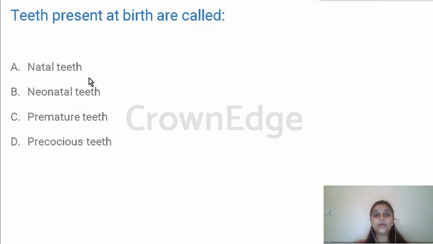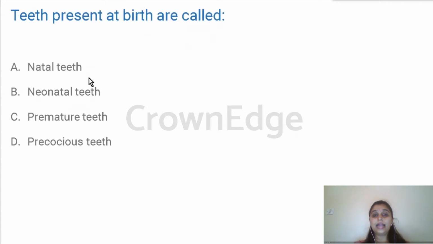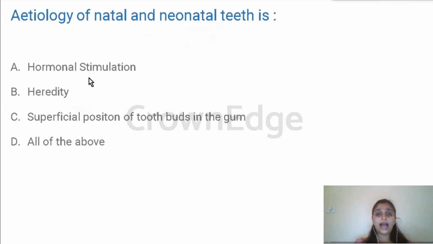We call them a neonate. So neonatal teeth, therefore, are the teeth that erupt in the first month of life. Now, if a child is born with teeth, or at birth they have teeth, then that is known as natal teeth. Now, these usually have a very different etiology.